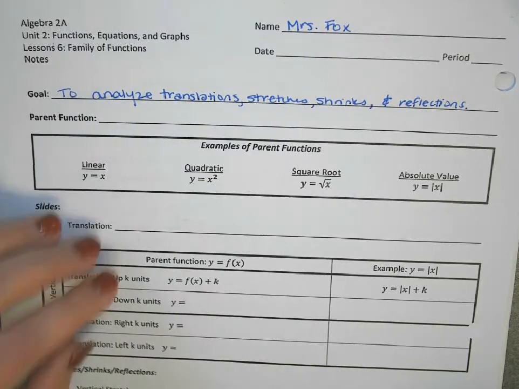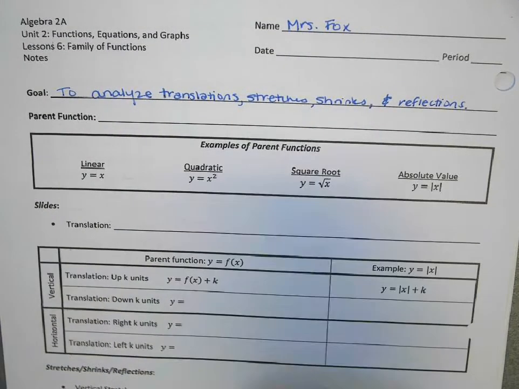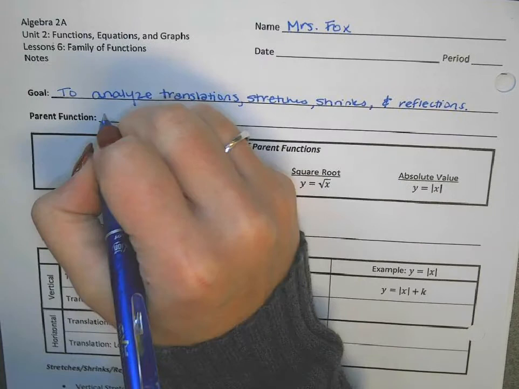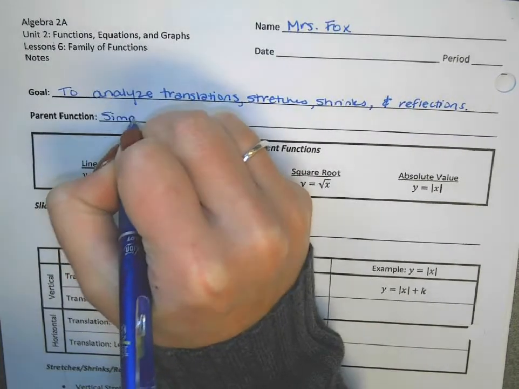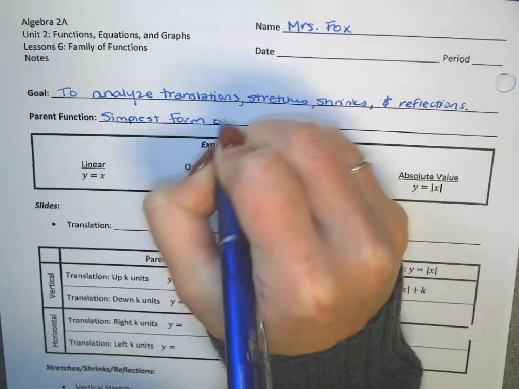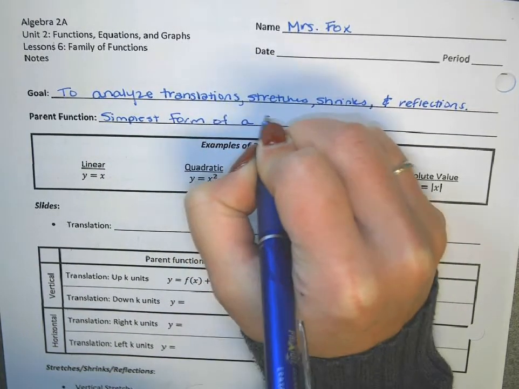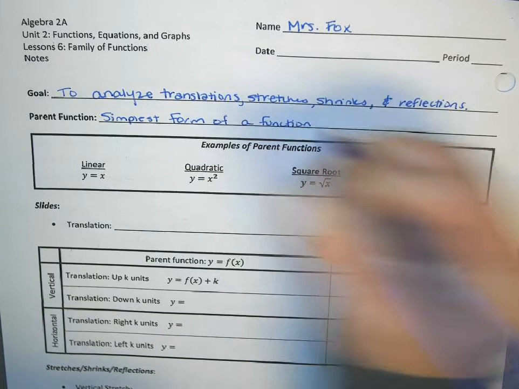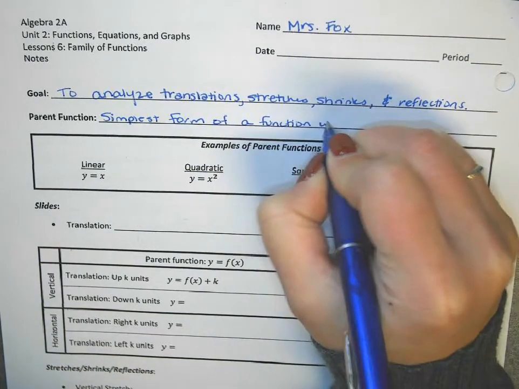The parent function, now there's a parent function to all the different functions that we do. A parent function is the simplest form of a function with a specific characteristic.